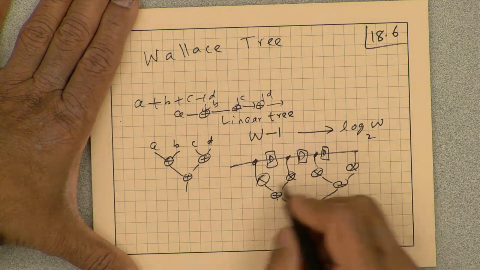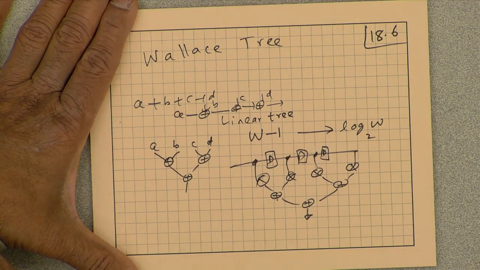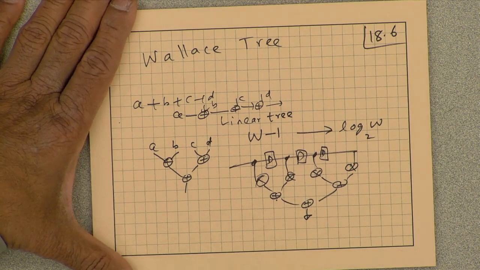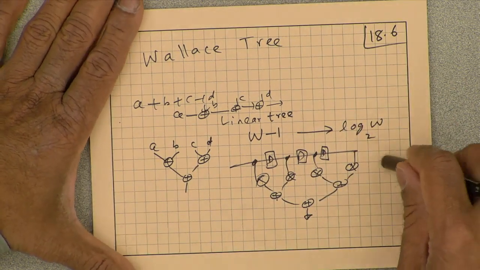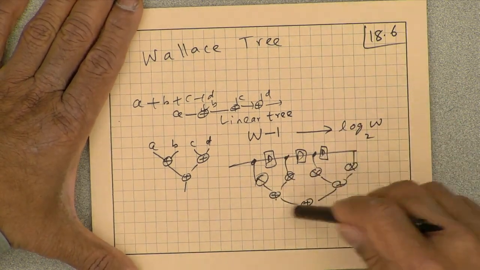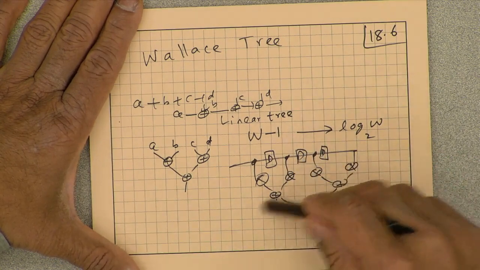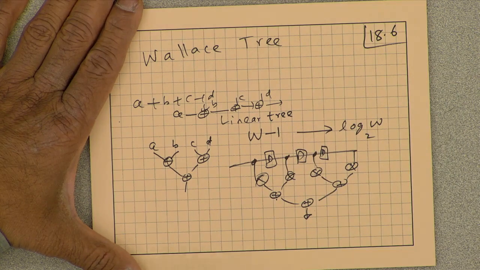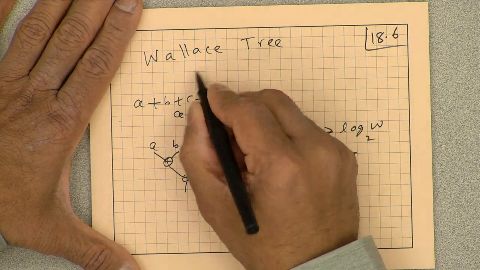So 4 things here can be added in 2 steps as opposed to 3 steps. And then of course people used transpose structures and hybrid structures and so on. The advantage of transpose and hybrid is that we did not need all these tree configurations anymore.